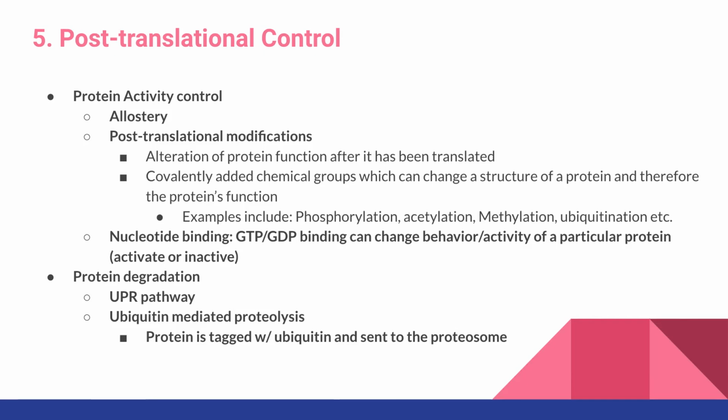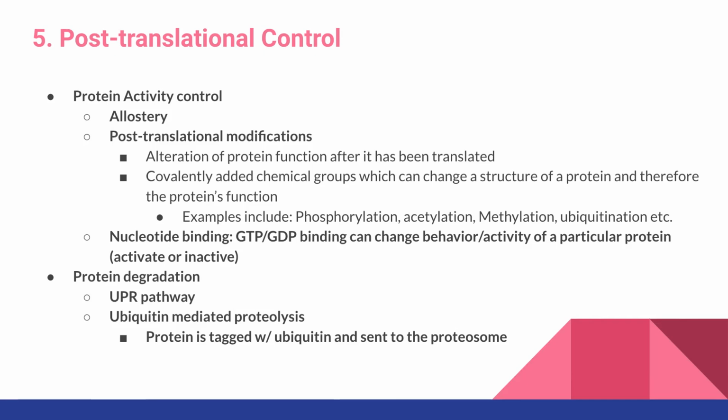And then post-translational modifications, which are just the alteration of a protein after it's been translated. Covalently added chemical groups can change the structure of a protein and therefore its function. I think we went over this in 151 or 161, whatever you took. It's like phosphorylation, acetylation, methylation, etc. And then you have nucleotide binding.